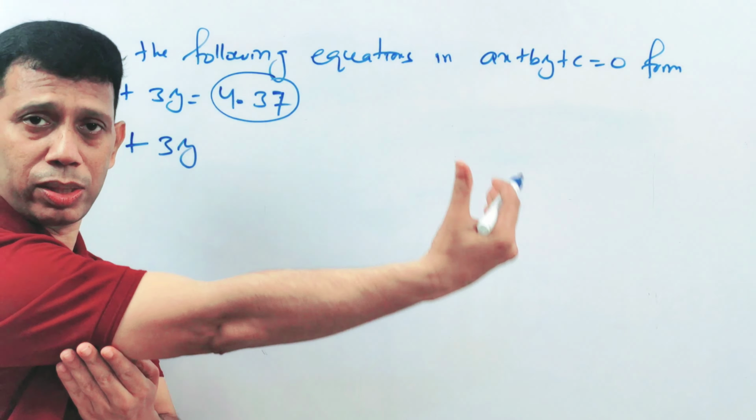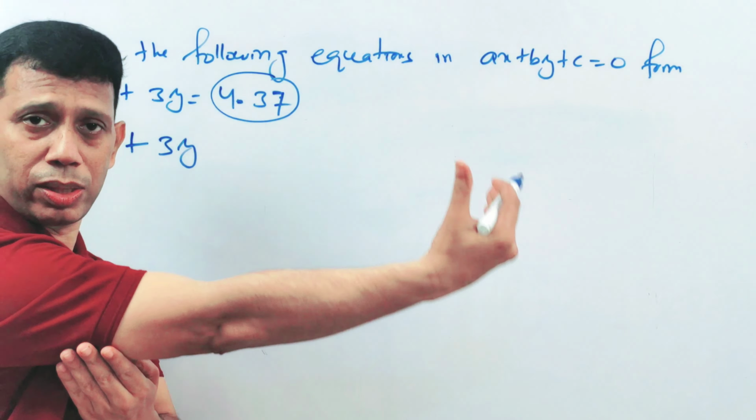So next example. We have written this in ax plus by plus c form. Another example: x minus 4 is equal to root 3 y. Here x is there, and I can write it as 1 into x. The y term is on the RHS, so let us bring it to the LHS.